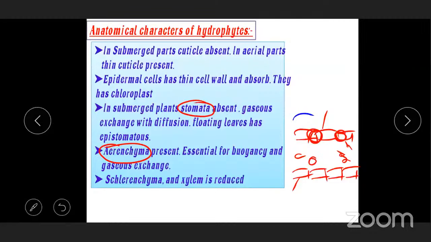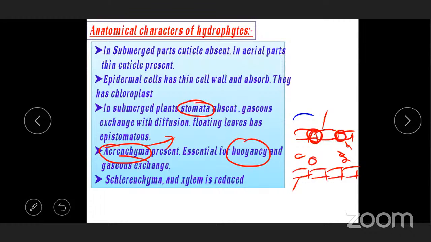Due to the presence of the parenchyma, the plant parts float on the surface of the water. That is known as buoyancy. What does buoyancy mean? Due to the presence of the parenchyma, the plant parts float on the surface of water. So that is known as buoyancy.